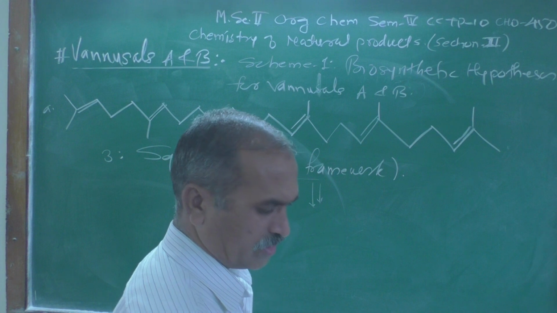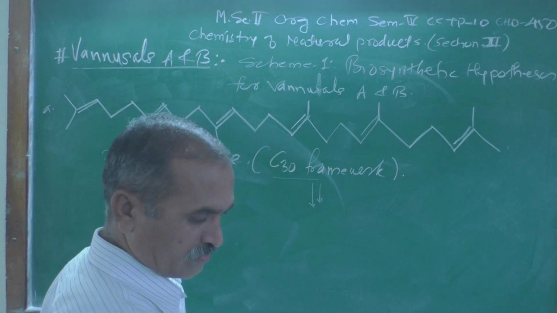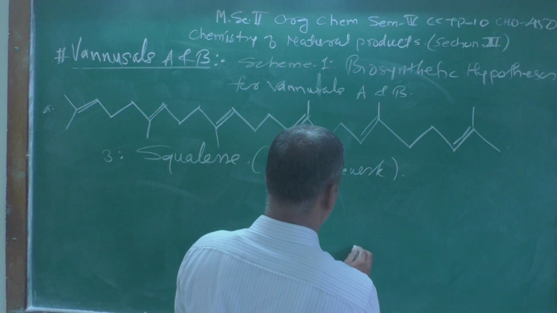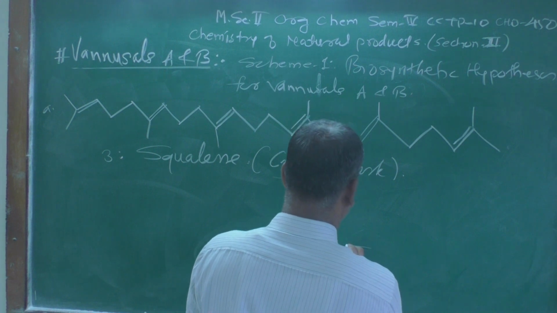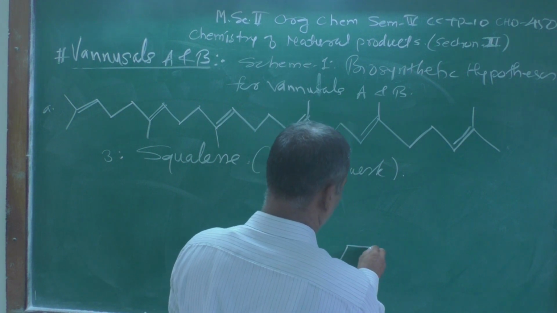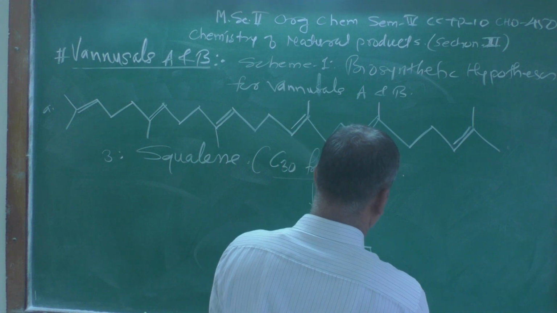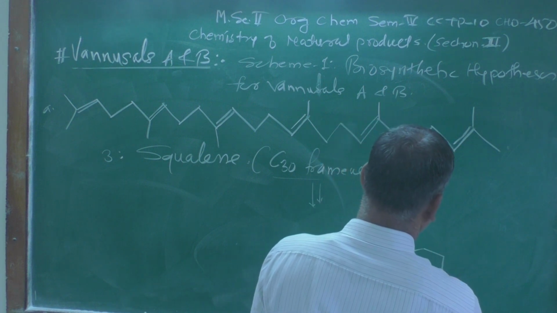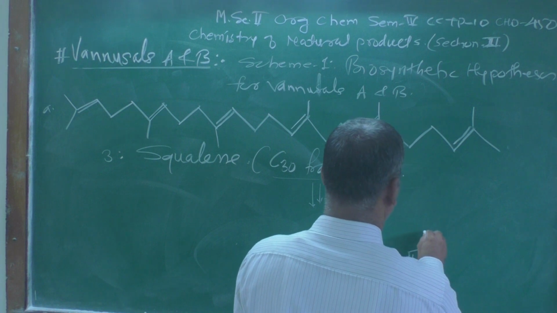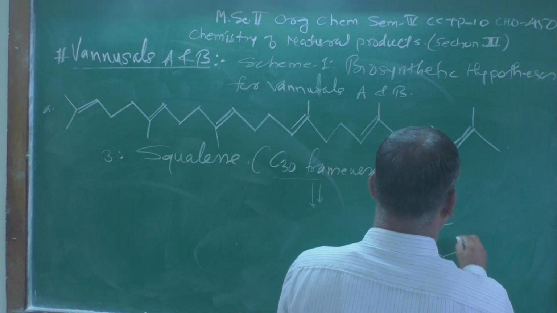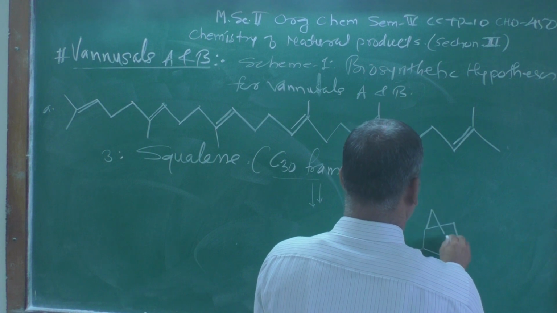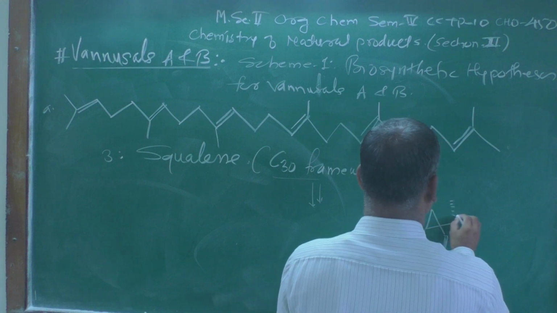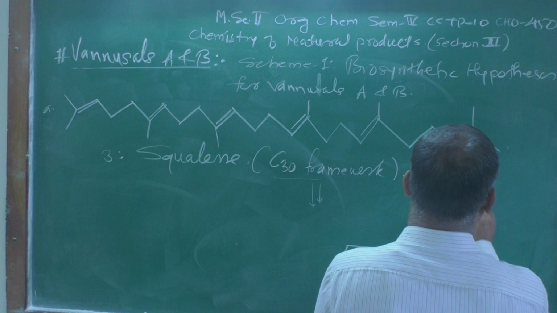You are going to get this structure, which I am going to represent over here. There is a 5 membered ring, which I am showing over here, then another 5 membered ring, then a 6 membered ring containing a double bond, then another 5 membered ring, which is further attached with this, and there will be this 5 membered ring, which I am showing over here.